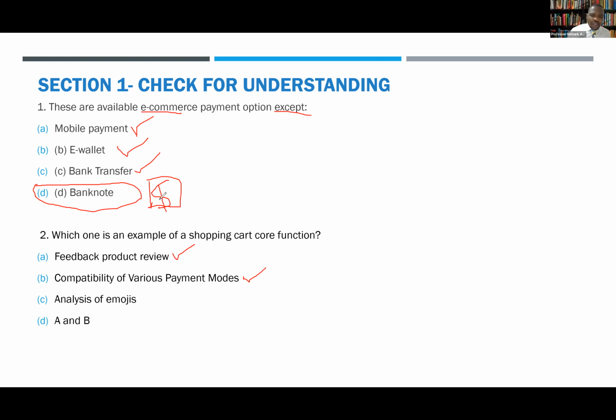And thank you for your very high level of engagement. Zoe, thank you very much. Daphne, thank you. Nelson, thank you. So yes, your answer is 100% correct. It will be D. The best answer is D because A and B are both correct.